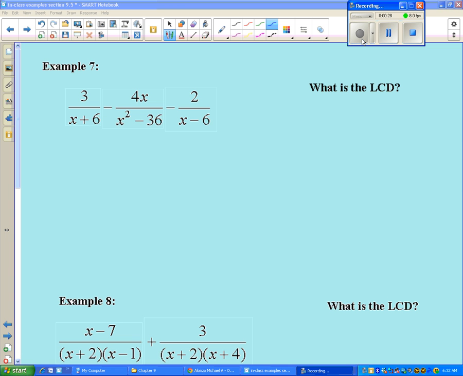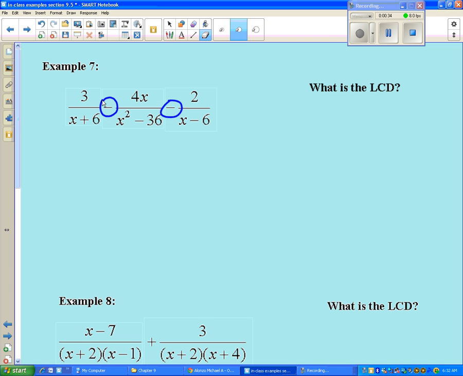So first thing I want to do is subtract, and then do two subtractions here. As I go through this, I first need to get a common denominator, my least common denominator. In this first denominator, I need an x plus 6 as a factor.